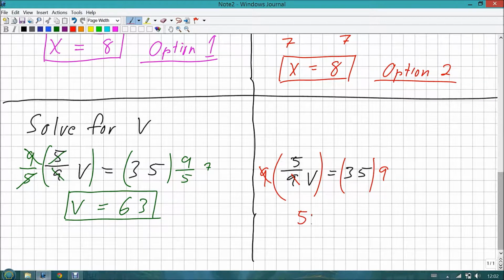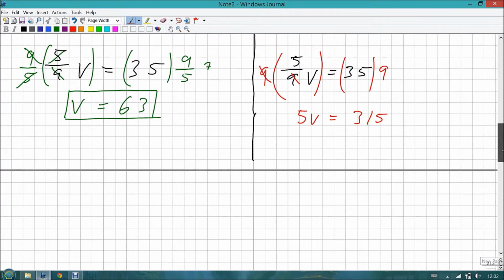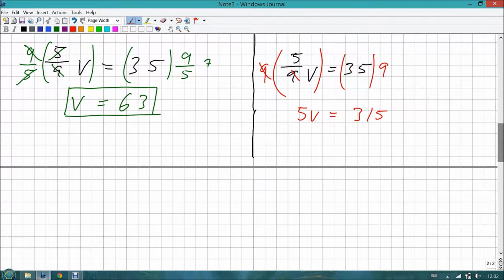I am left with 5v is equal to 35 times 9, which I pull out my calculator and say, Mr. Calculator, what is 35 times 9? It tells me 315. Now I have 5v is equal to 315.